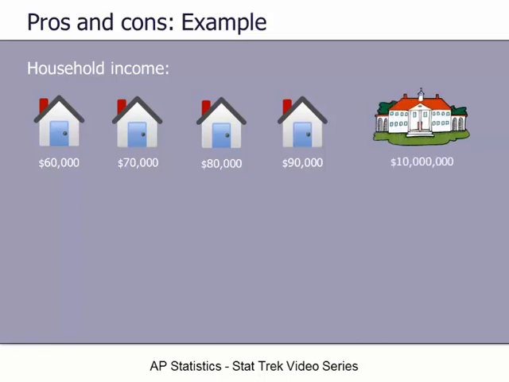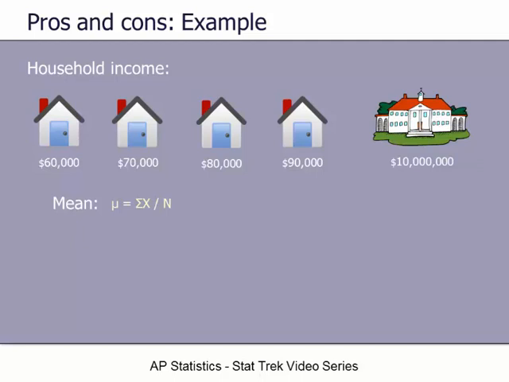Let's find the mean and median to see which would be the best measure of central tendency for these families. Remember that the mean is equal to the sum of incomes divided by the number of incomes.